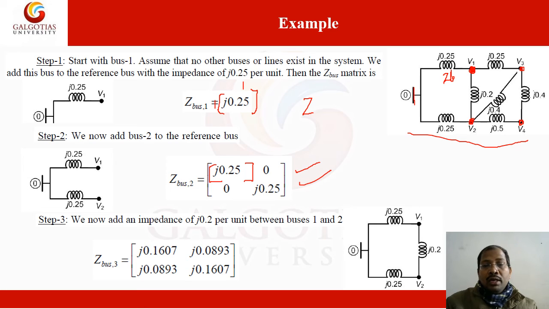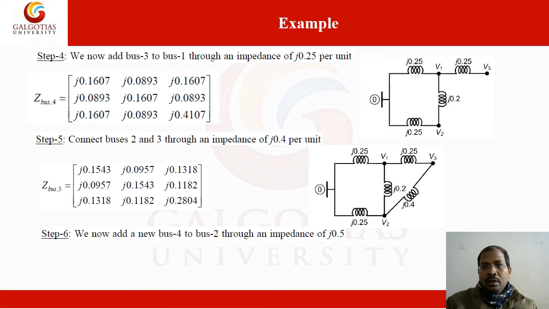So you know that step 4 applies here. So we have to apply step 4 to obtain the modified elements through this ZB. So we are getting the elements of Z bus 3 at this point.